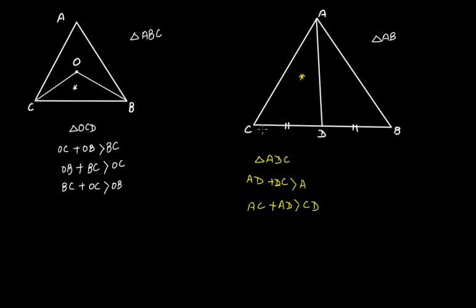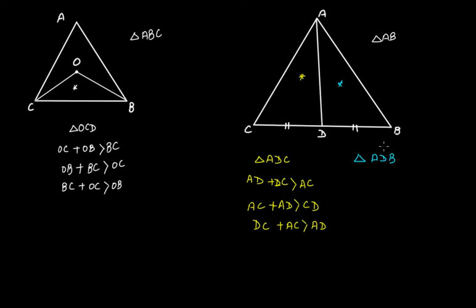The next will be DC plus AC, this will be greater than AD. Same thing here in triangle ADB. So the point is, again, the sum of the lengths of two sides is always greater than the third side.